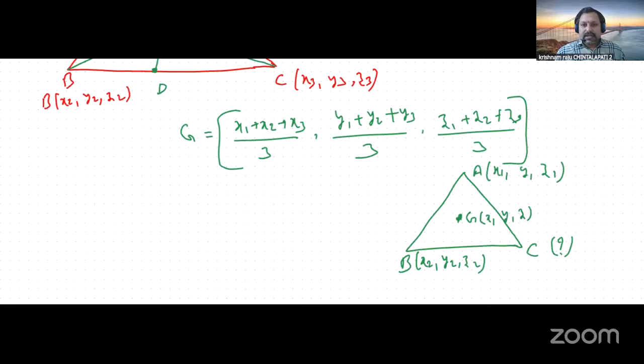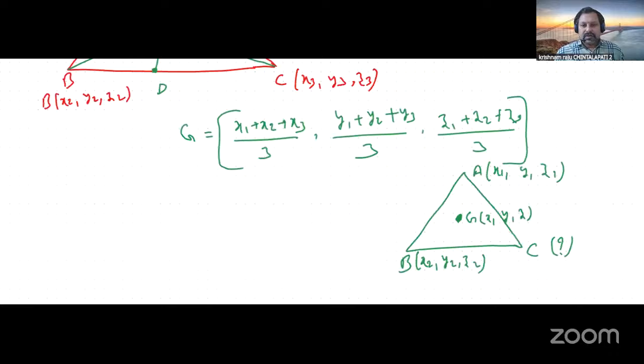Now find the third vertex C. That is the question. Clear? So this is for objective purpose.